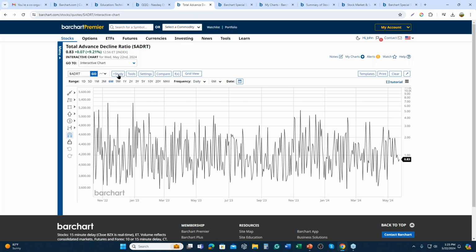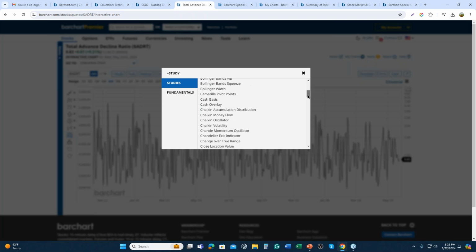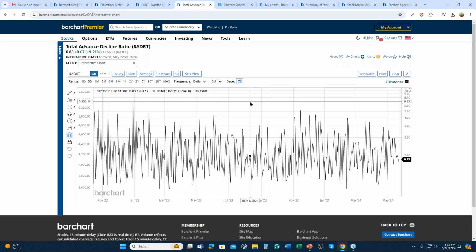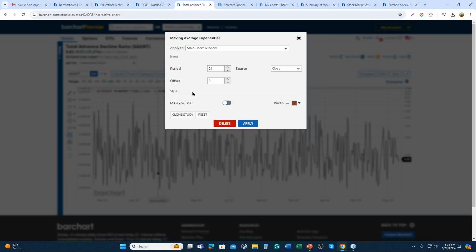So I can come in here, add a study, and there are many different types of moving averages that you can use. That's exactly what I've done. I've added a moving average here. I'm using an exponential moving average, and I'm going to use a 21 period default. Depending on your timeline or how you want to analyze the market, you could frame the moving averages based on that.